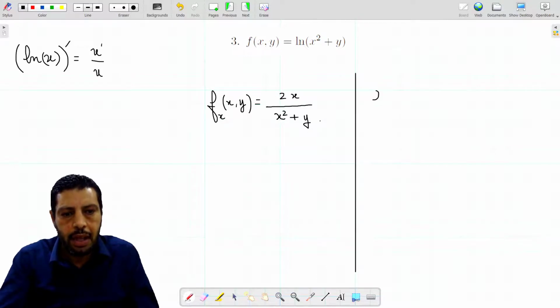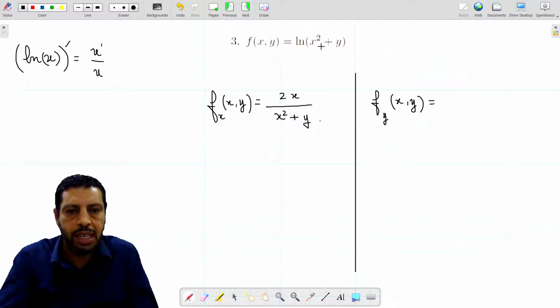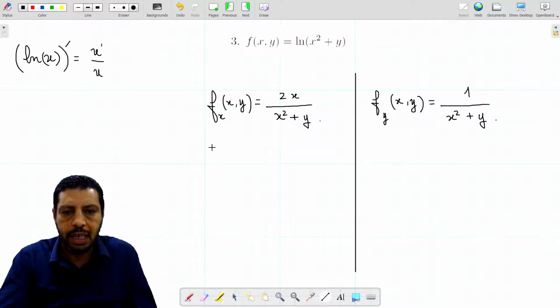Now, if you move to fy, we're going to use the same rule, but this time you're going to take the derivative of x squared plus y with respect to y, which is 1, because it's 0 plus the derivative of y with respect to y, which is 1. So it's 1 over u, which is x squared plus y. Now we'll move to the second derivatives.